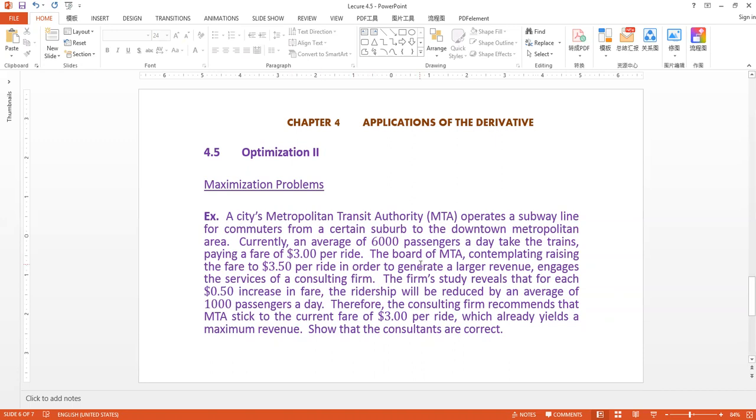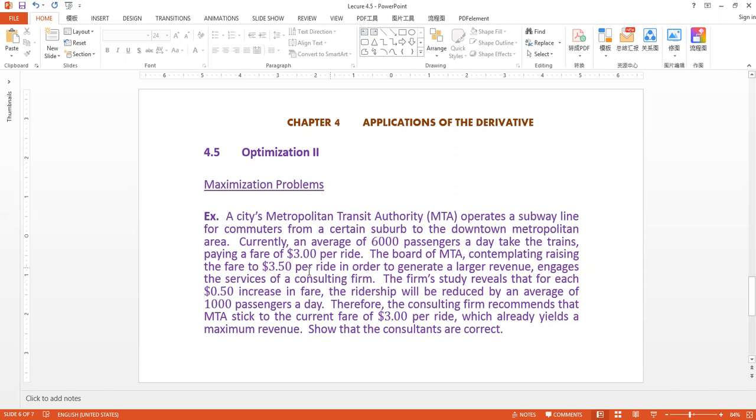The board of MTA, Metropolitan Transit Authority, is contemplating raising the fare of the commute to $3.50 per ride in order to generate a larger revenue. They engage the service of a consulting firm.